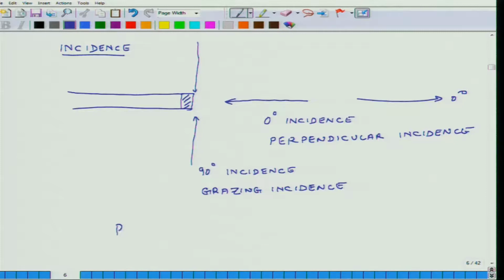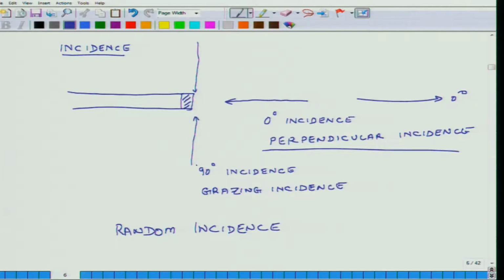If the amount of reflected sound energy is much larger than this direct sound energy, and if reflections are coming almost uniformly from all sides, then that is called random incidence. That's called random incidence.